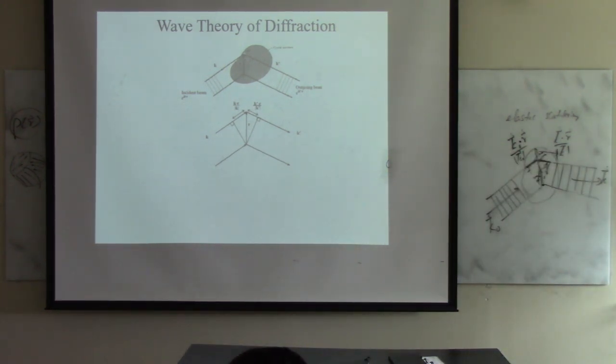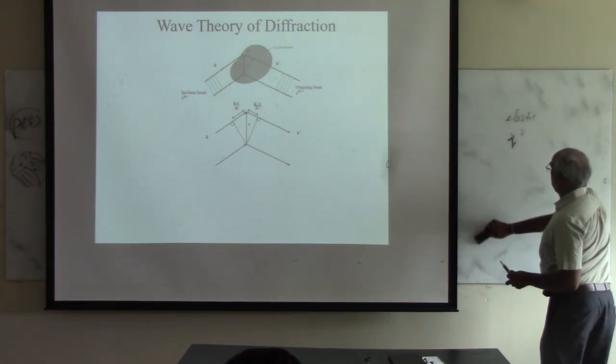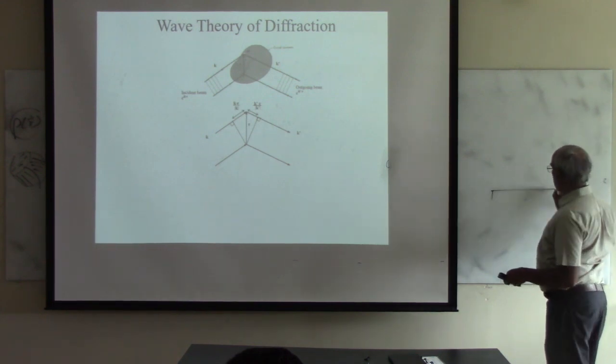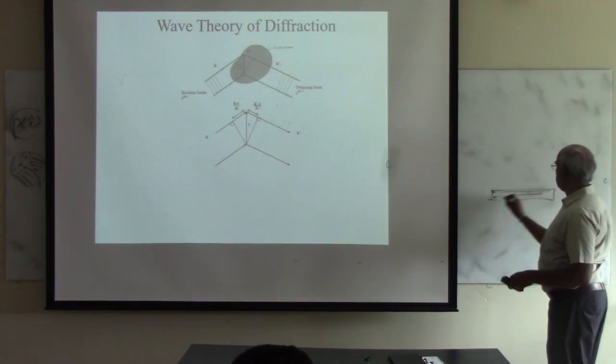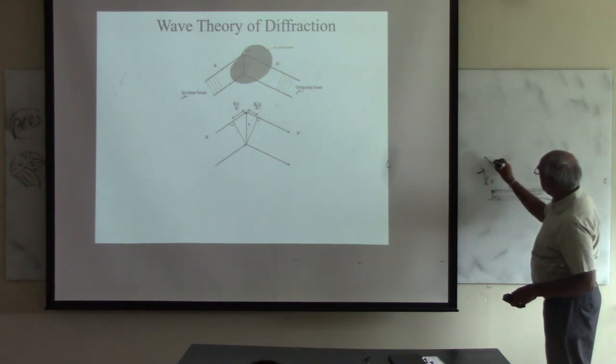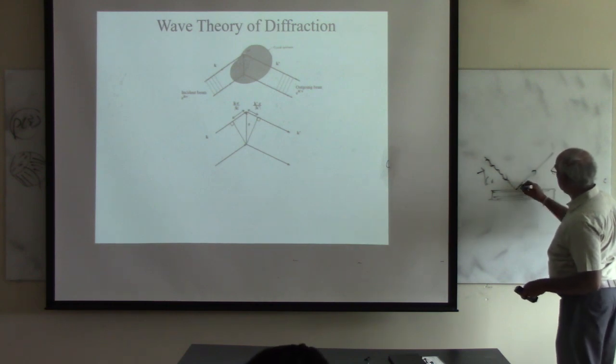But to make this simple, I just draw it this way. Suppose this is my sample and my planes are like this. I have K0 coming like this. This is my wave. Then I have this one going like this.